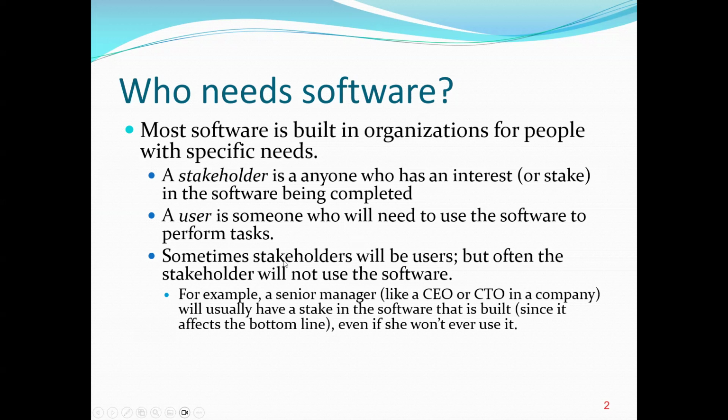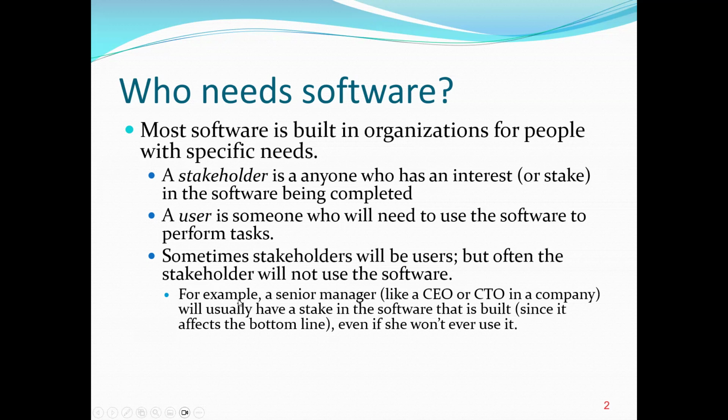Most software is built in organizations for people with specific needs. A stakeholder is anyone who has an interest or a stake in the software being completed. A user is someone who needs to use the software to perform a task, either for solving a problem or, again, for entertainment.